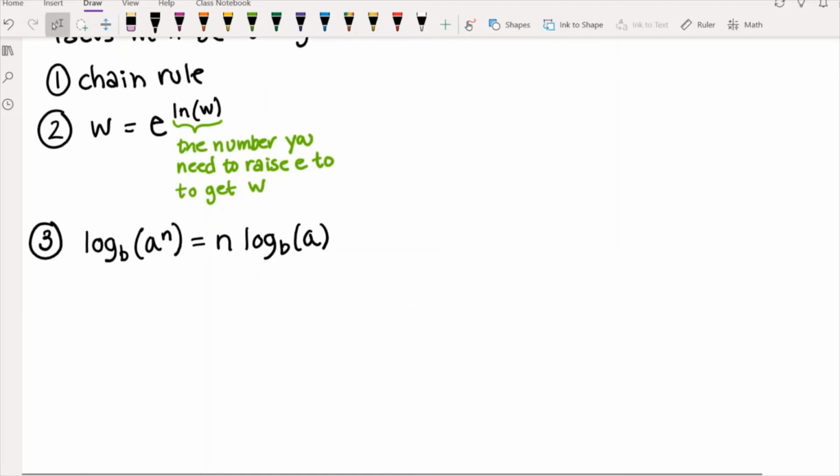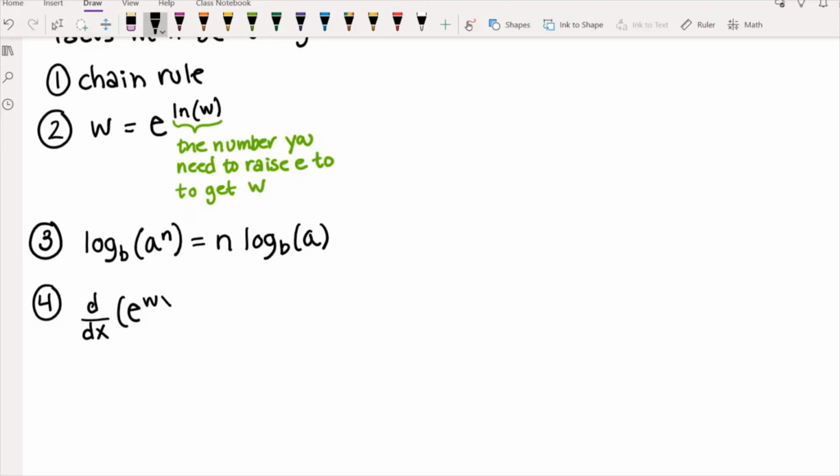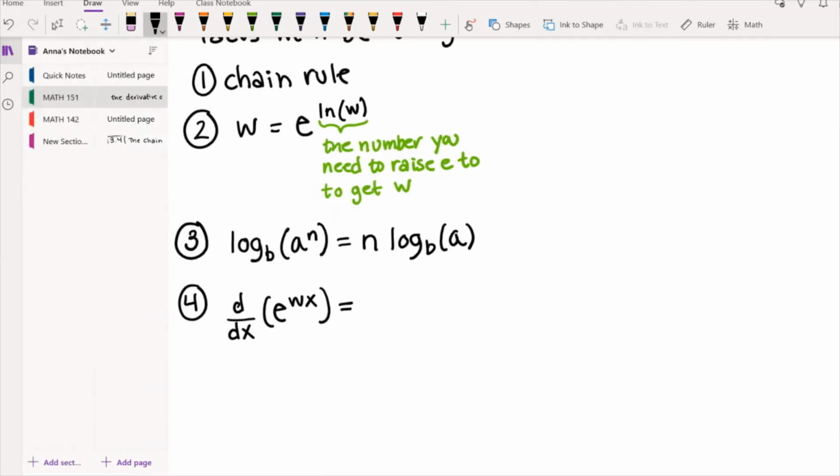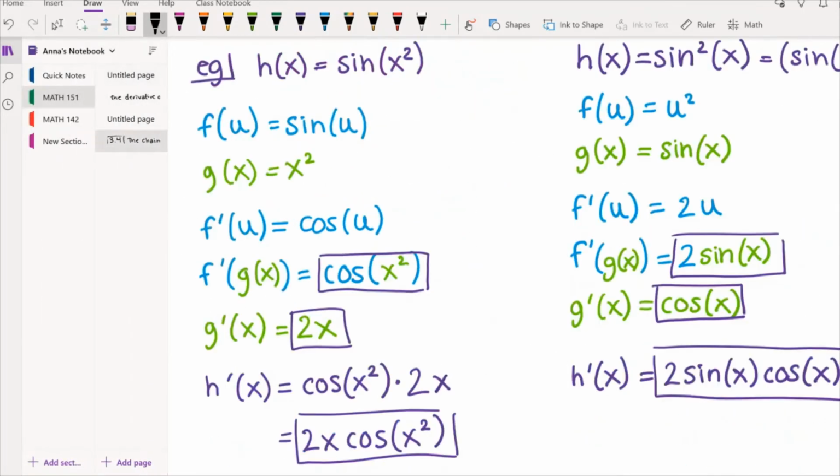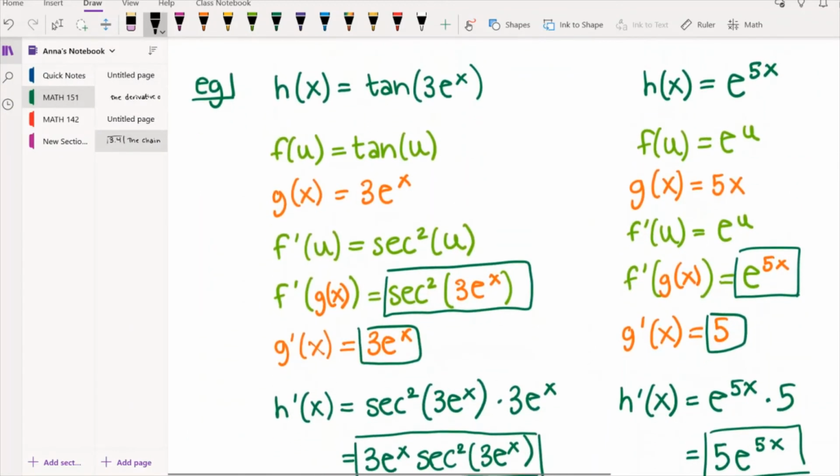And then one more fact that we just saw earlier is that if you take the derivative of e to the some number times x, so I'll just say wx. We did an example earlier on the first page. We took the derivative of e to the 5x and we just got 5e to the 5x.